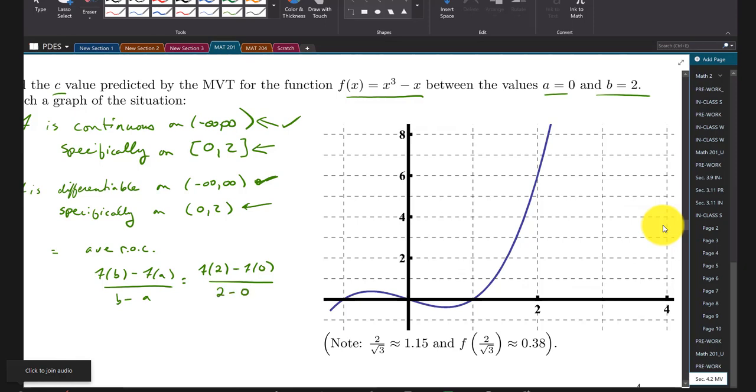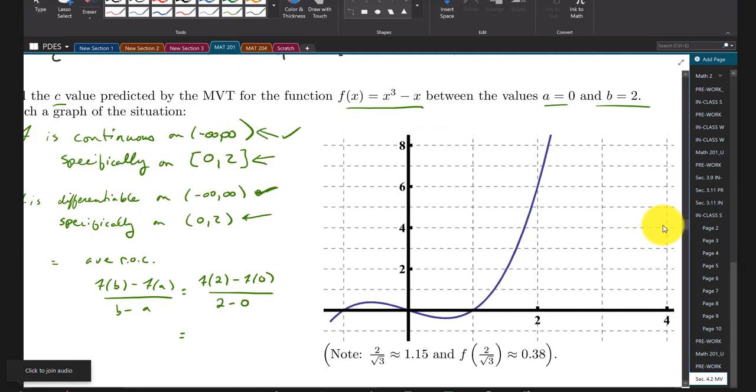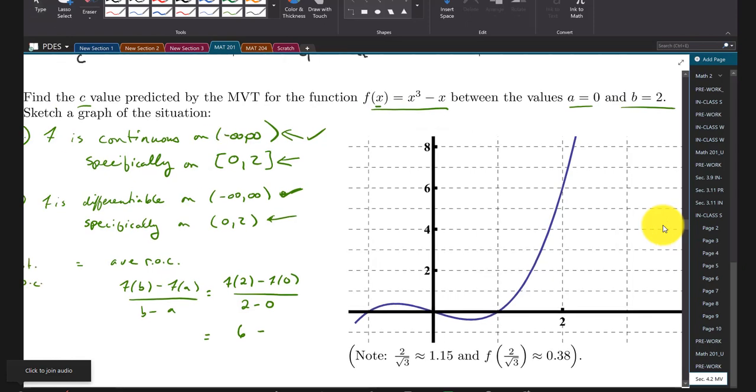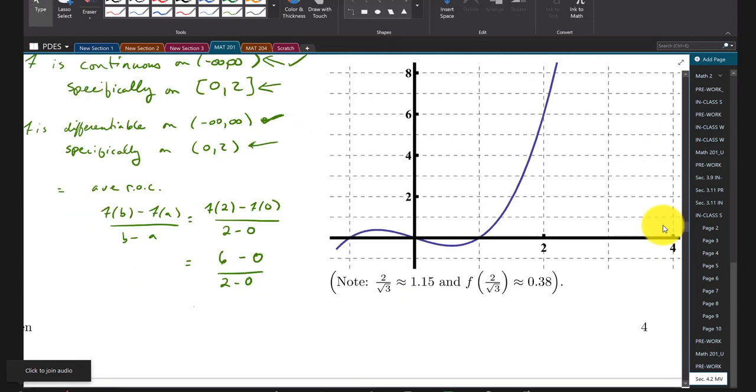If we continue to compute that, if I plug in 2 into this function, I would get out a 6, so we get 6 minus, and if we plug in a 0 into this function, it would output a 0, all over 2 minus 0, and so we get a value here of 3. Great. So that's the average rate of change.